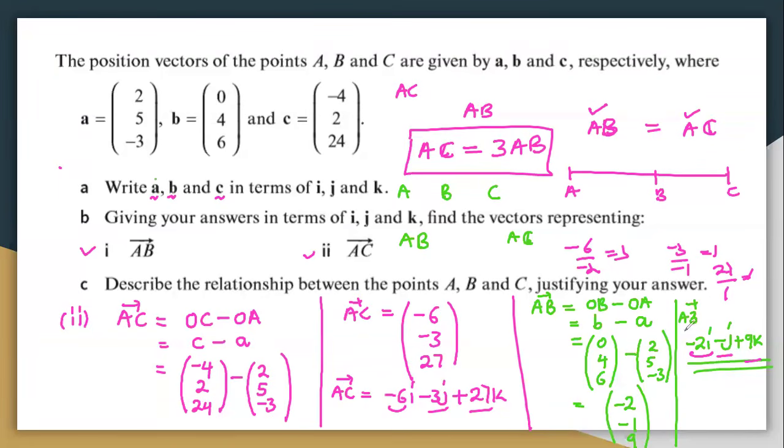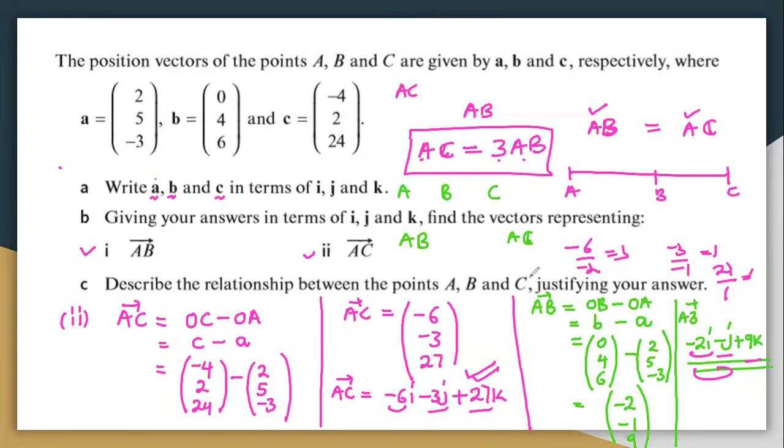That means that when you multiply vector AB with 3, you get exactly AC. And that is the justification they wanted: the relationship between AB and AC is that AC is equal to 3AB. Therefore, the two vectors are parallel because there is a scalar 3 which when you multiply with vector AB, you get exactly the same point. In other words, A, B, and C lie along the same line. So that's how you can now do your justification.